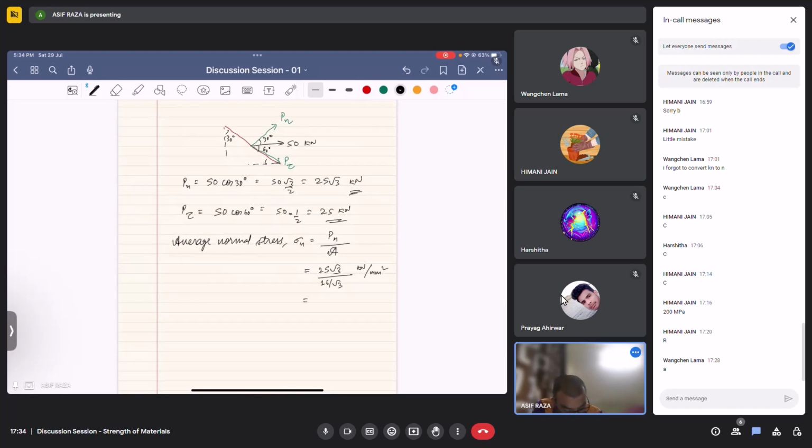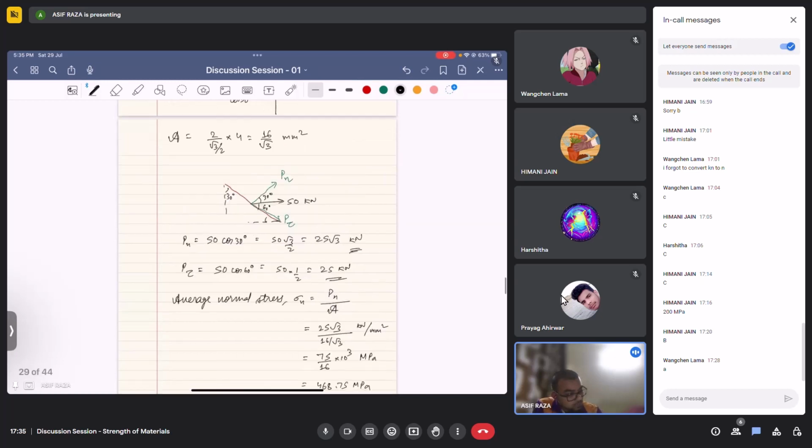So this would be 25 into 3, 75 upon 16 into 10 to the power 3 Newton per mm square. That would give me megapascal. So answer would be 75 upon 16, it is equal to 4.6875, into 10 power 3 square. So 468.75 megapascal.